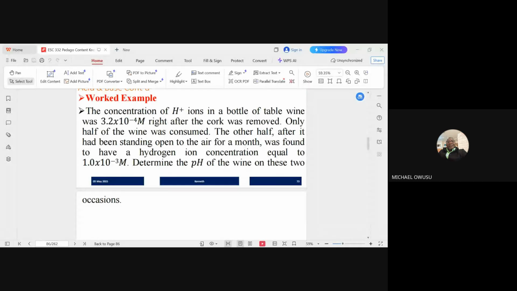You calculate the pH by finding the negative log of whatever you have, and that gives you the pH. Then you know the relation pH plus pOH equals 14. So for pOH, you take the pH away from 14. That's going to be the pOH.